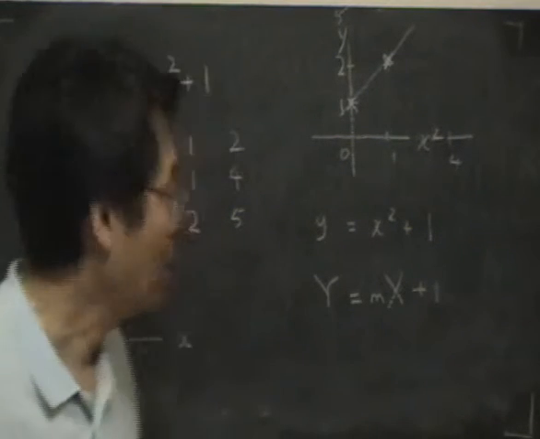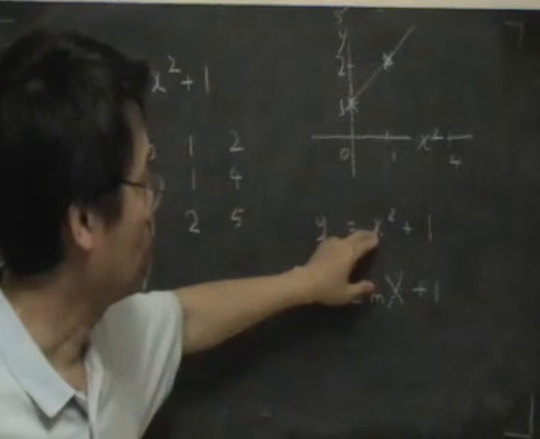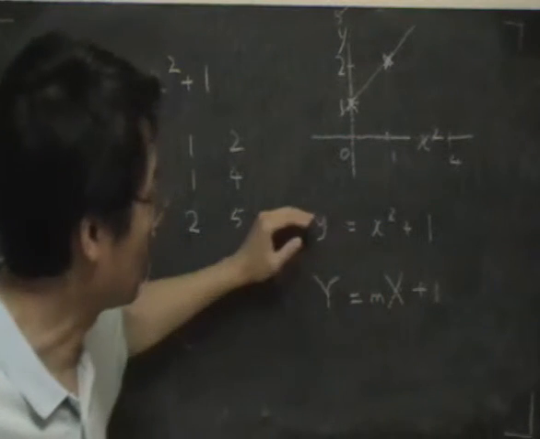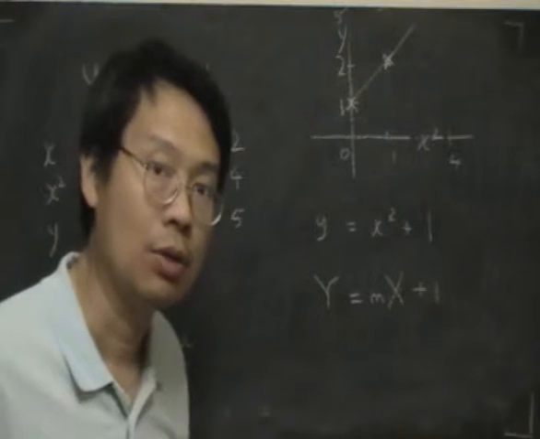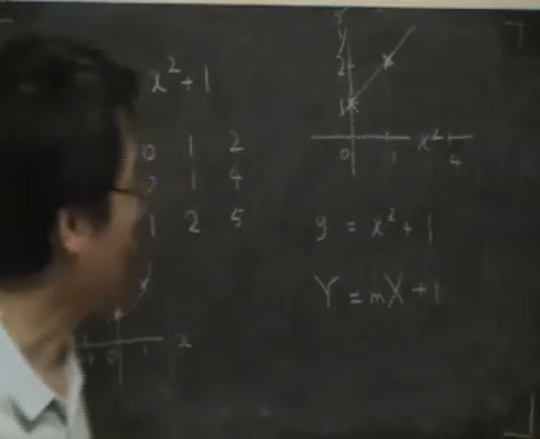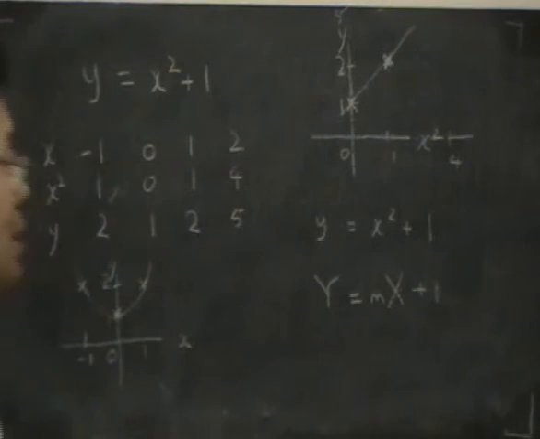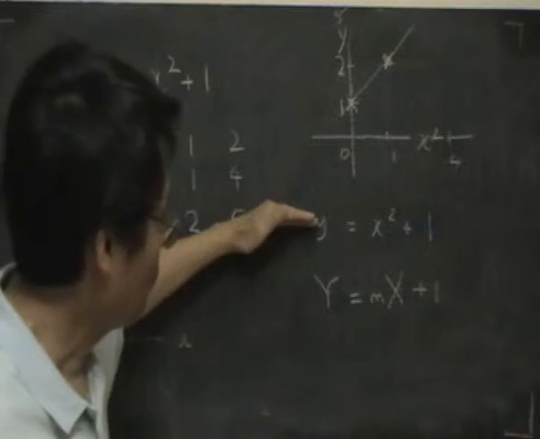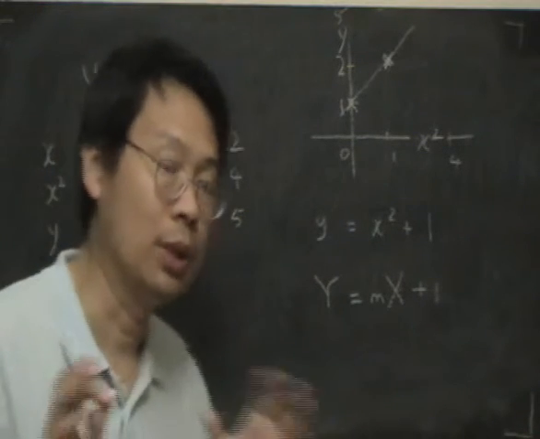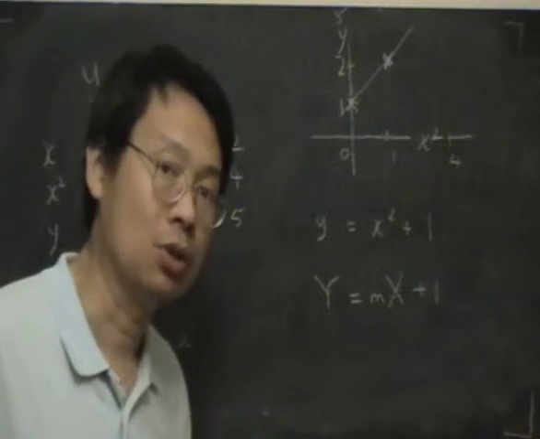The reason is that I want to make it look different from the x in the first equation. So this is a straight line equation. If I plot capital Y against capital X on the graph, I'll get a straight line. Now that first equation with the x squared, we already know that it's a curve, that is not a straight line.